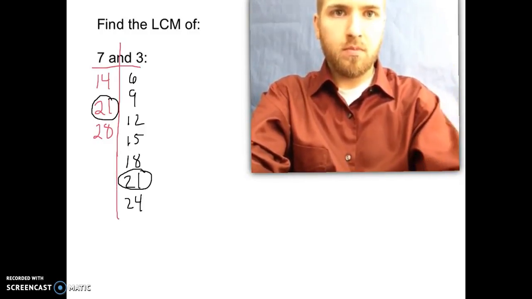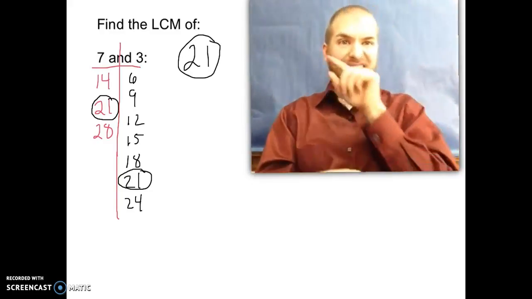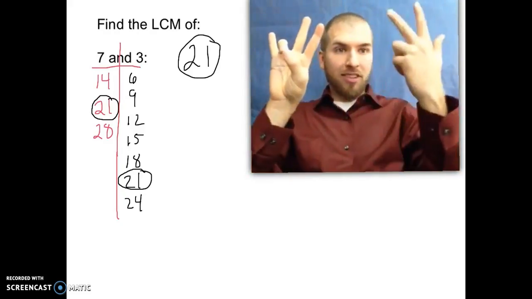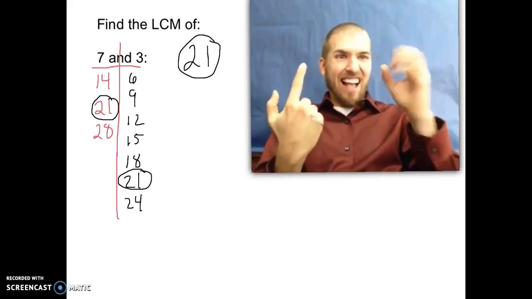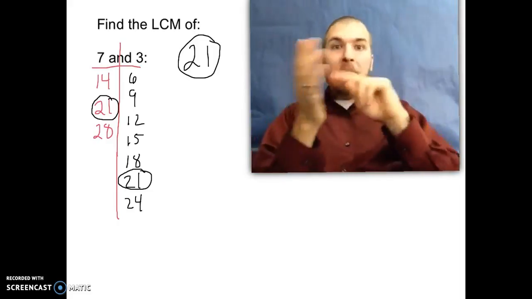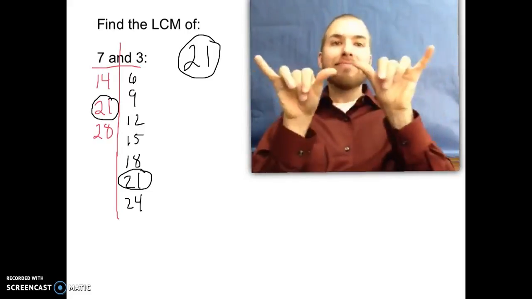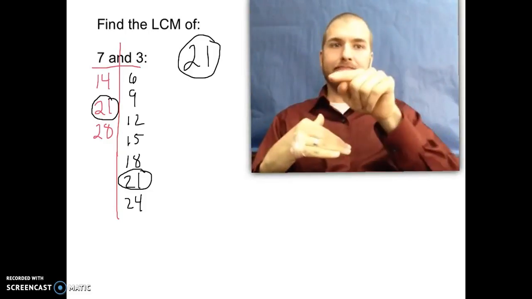We see that the LCM is 21. Okay, so that's the example of 7 and 3. You see that 7 goes from 14 to 21, 28, but 3 has to go all the way from 6, 9, 12, 15, 18, 21 before they get to a least common multiple.